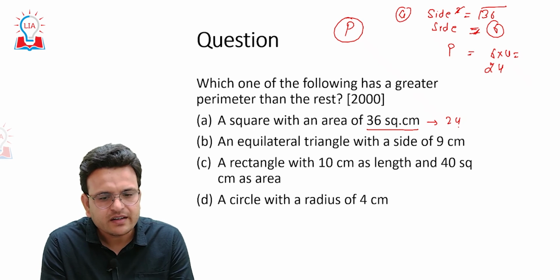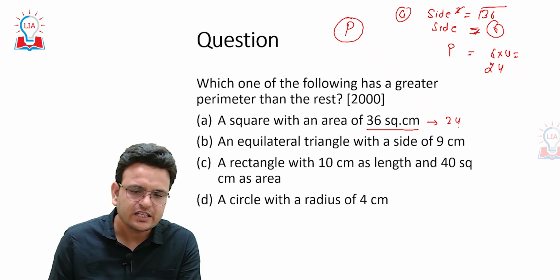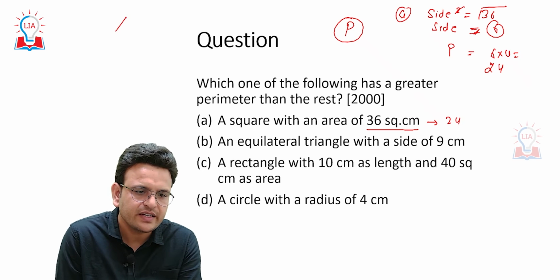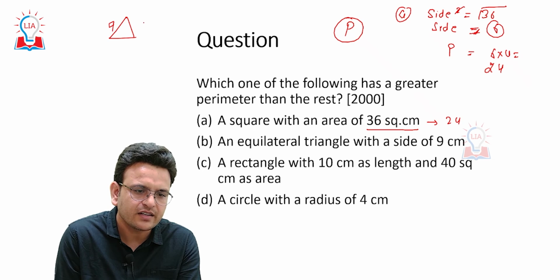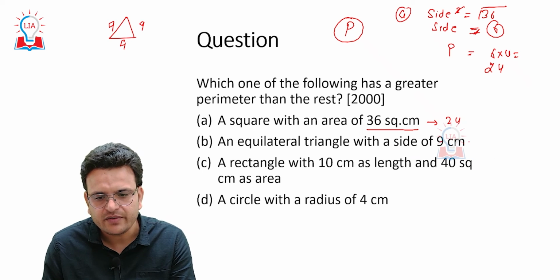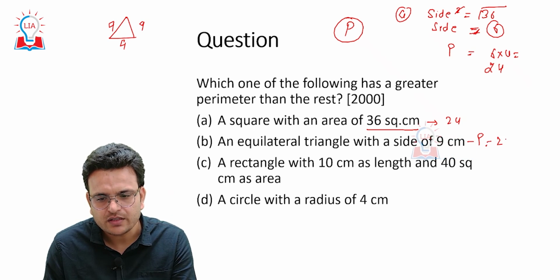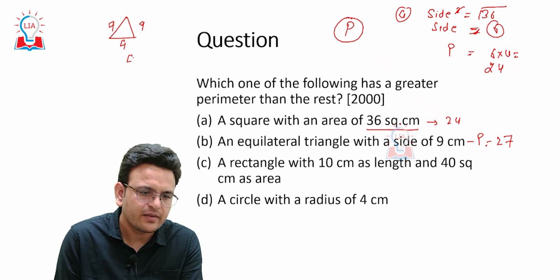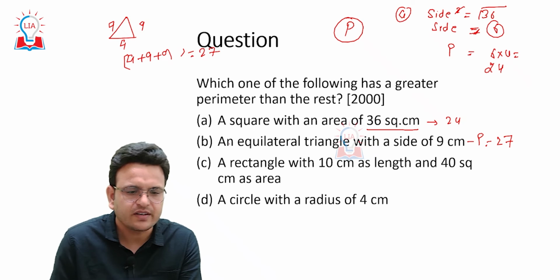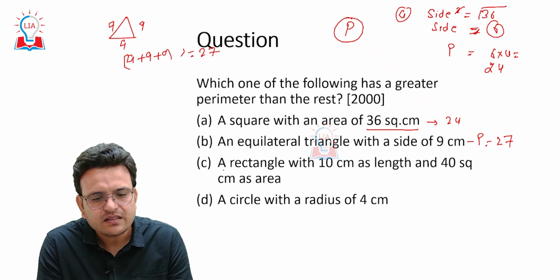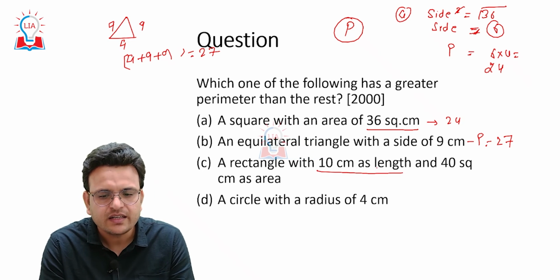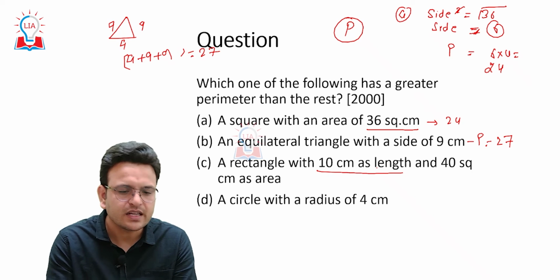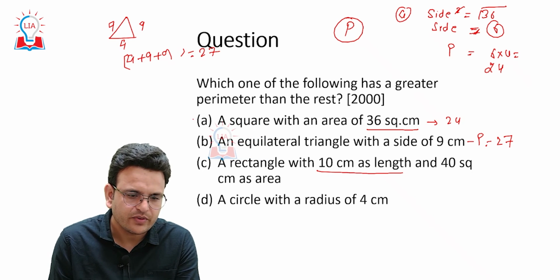An equilateral triangle with side 9. In an equilateral triangle, which has 3 sides, all the sides are 9, 9, 9. Then the perimeter will be 9 into 3, so it will be 27. Third one, a rectangle with 10 centimeter length and 40 square centimeter area.